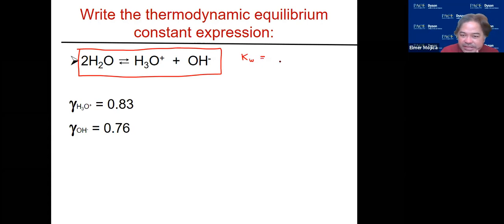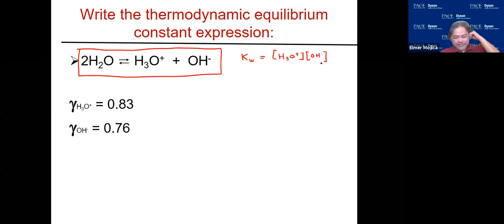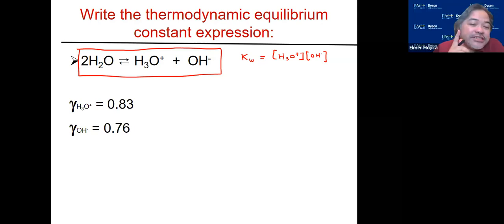And you describe KW as what? KW is just equal to the product of the concentration of H3O plus times OH minus. You still recall that? Yes. The other students? Mm-hmm. So how are we going to express this now using activity?